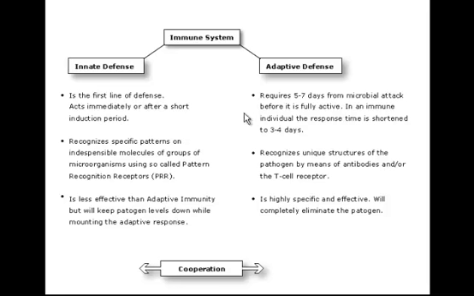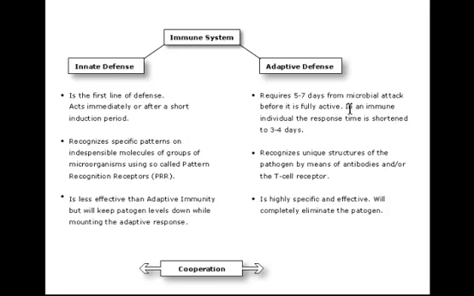So the adaptive immune response really involves the production of antibodies that are going to be very, very specific to a specific attack by a microorganism or by exposure to certain compounds as well. So it requires about 5 to 7 days of an attack by a specific microorganism before it becomes fully active.